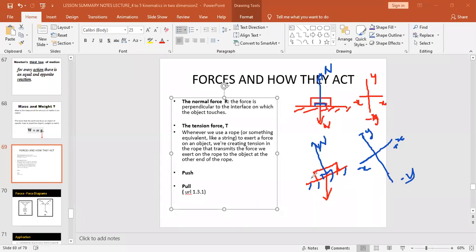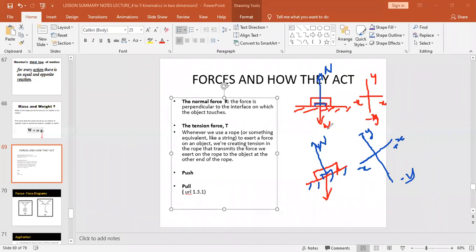The moment the surface is inclined, your coordinates will also change to suit that, meaning this has now become the horizontal. Very good. So in other words, your normal reaction is not always equal to your weight. Or let me put it this way, your weight is not always equal to your normal reaction. You take note of that.